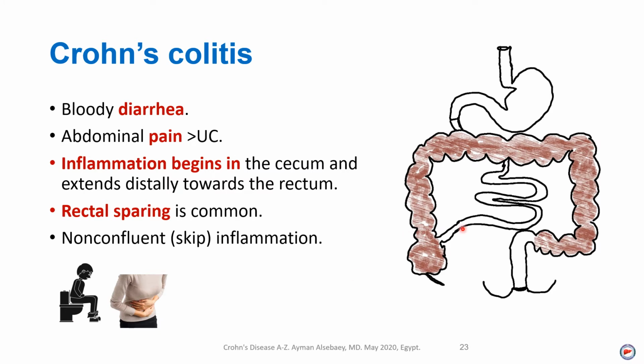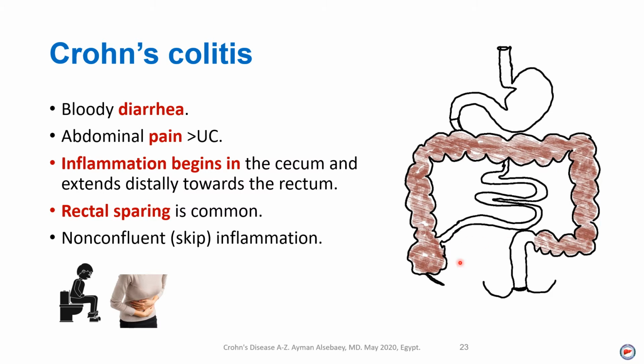But generally during endoscopy, they will also have bloody diarrhea. They will have abdominal pain more than you see in UC. You will find that the inflammation, in contrast to UC, will begin in the cecum and spread distally towards the rectum, and rectal sparing is common. And also you will find that there are skip areas like these whitish parts.